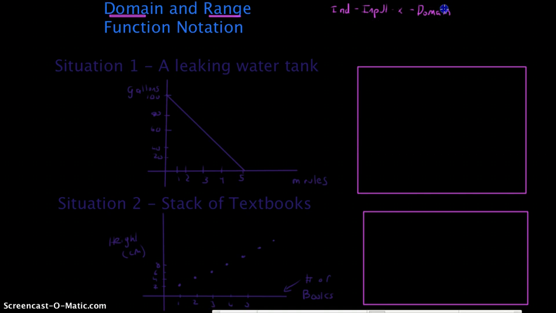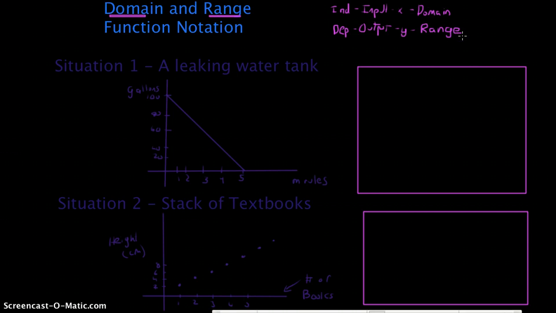So we'll say that a function has a domain. A dependent variable is also known as an output, and usually is the y values. And in Algebra 1, we're just going to get used to calling it a range.